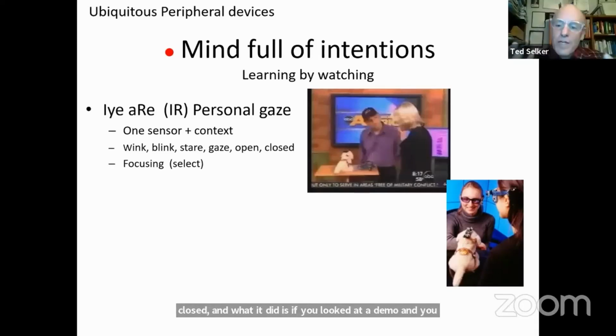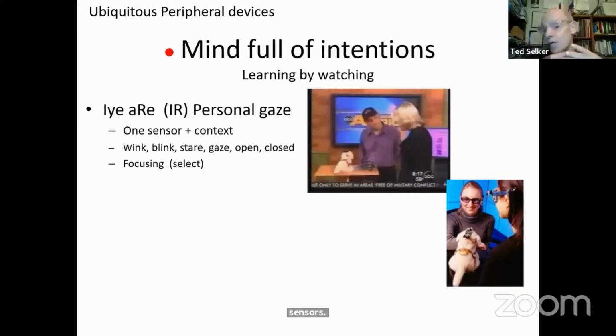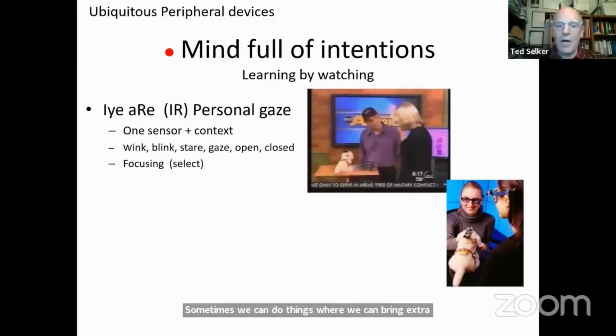If you looked at another person and you showed interest in them by staring at them a little bit, it would send them your email so that they could get in touch with you if they wanted to. So the point is that by really thinking hard about the context and using very simple sensors, sometimes we can do things where we can bring extra information, extra function to bear on a situation.